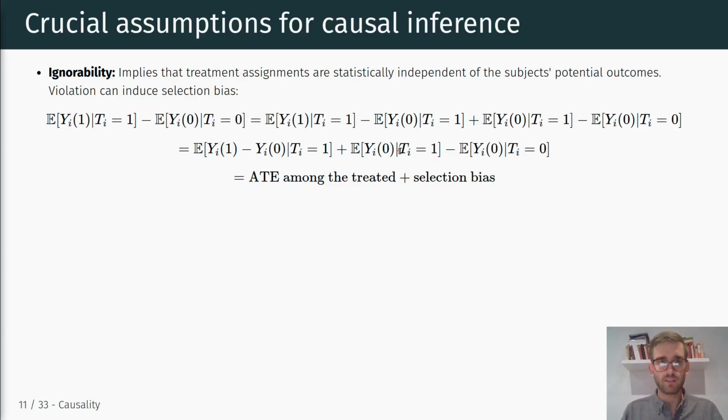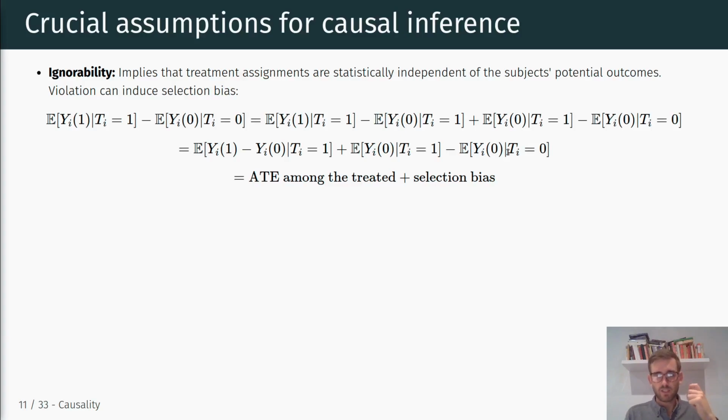And this difference, if this difference is not equal to 0, if this term does not cancel out, so in other words, if there's a systematic difference in the potential outcome in the control, conditional on the treatment assignment being equal to 1 and the treatment assignment being equal to 0, if there's a systematic bias in those two, that's ultimately what we mean when we talk about selection bias, right?